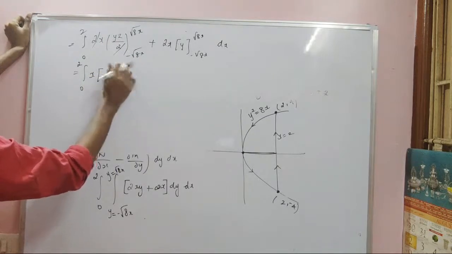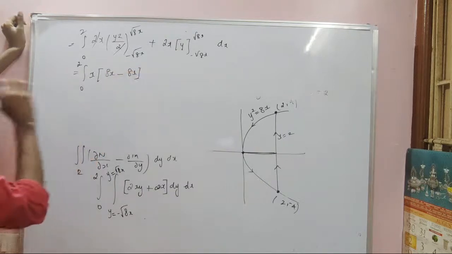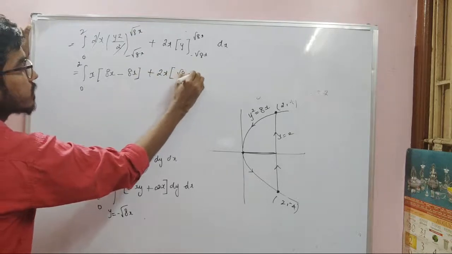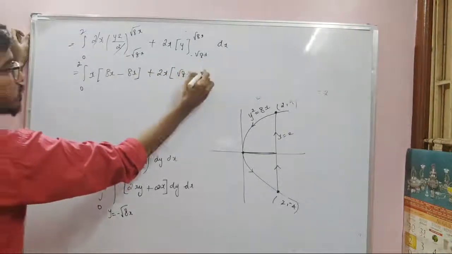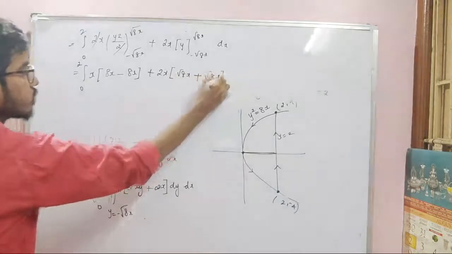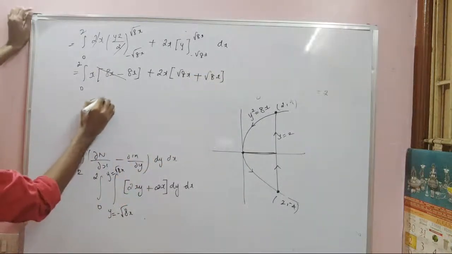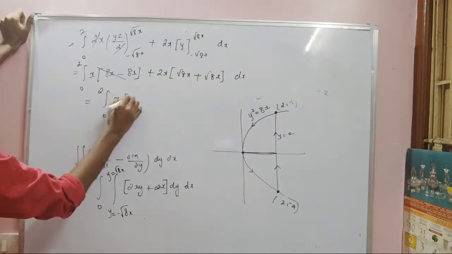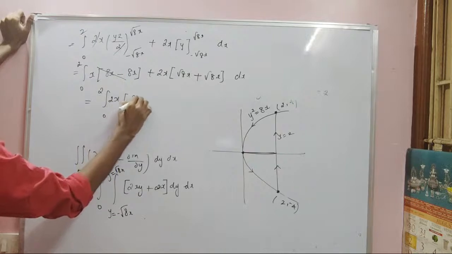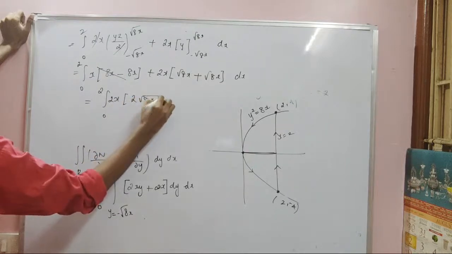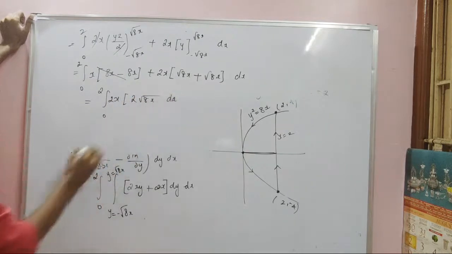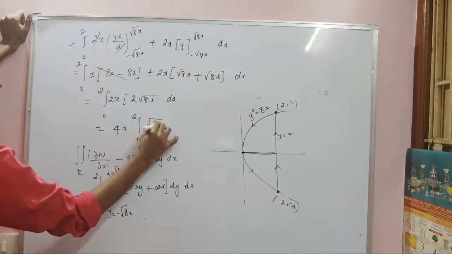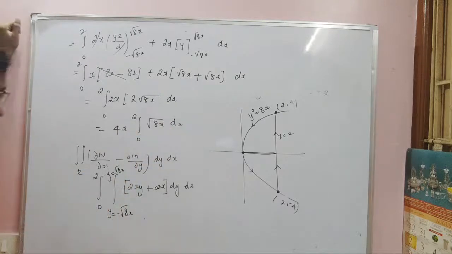Again, upper limit minus lower limit, this will be 0, and here this will be 2x. Upper limit is root 8x minus lower limit minus root 8x, so it will be plus root 8x. You can see this term will be 0. So we have integral 0 to 2 of 2x into 2 times root 8x dx. So this is nothing but 4x integral 0 to 2 root 8x dx.